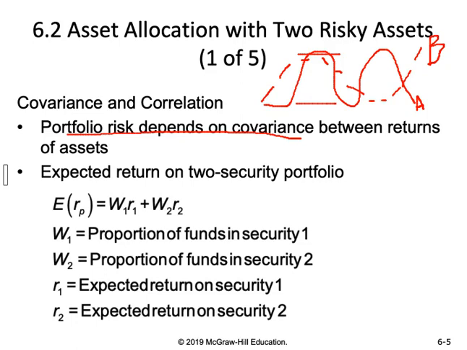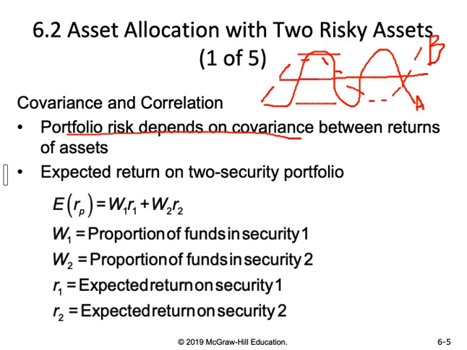They do not track the same. Then our return history would be a less volatile experience for us. So we're really looking for securities that have low covariance or low correlation coefficient. We'll talk about that more in a sec.